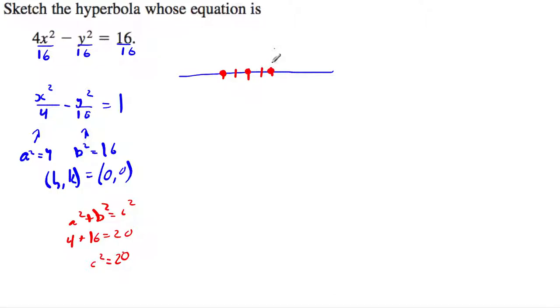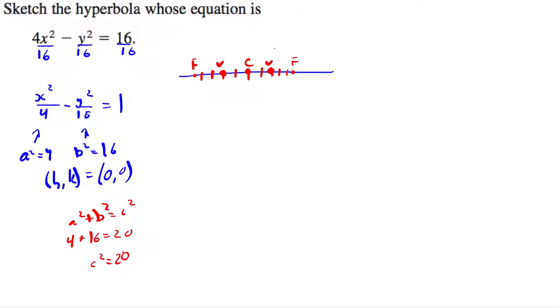The square root of 20 is just a little bit over 4.5. So there's 1, 2, 3, 4, right there. So focus, focus, vertex, vertex, center.